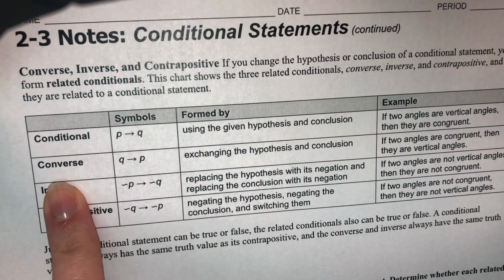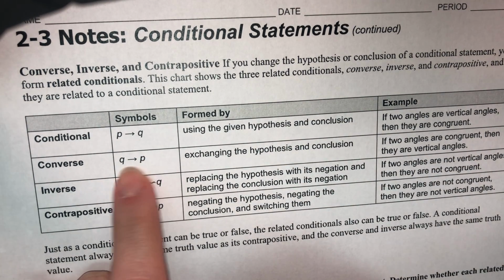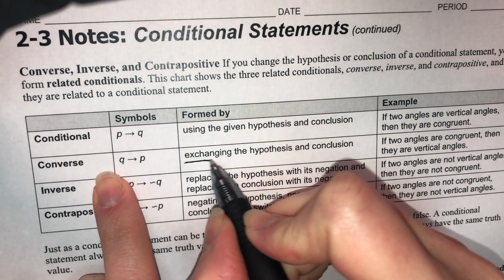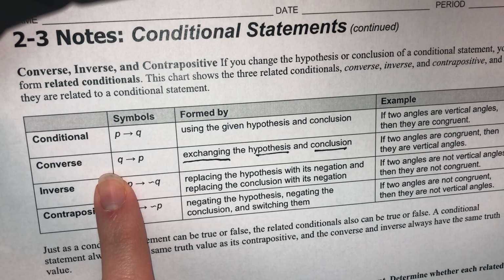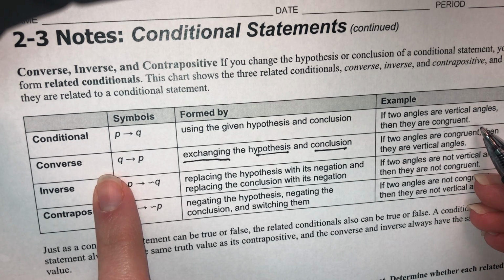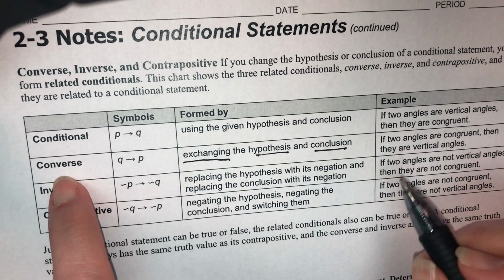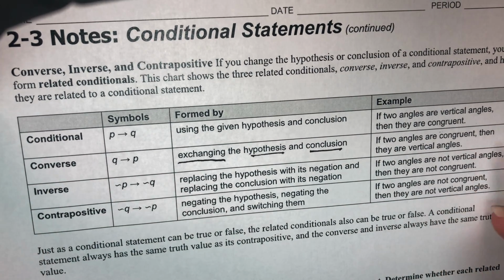The converse of the statement is where you reverse the hypothesis and the conclusion. Exchange the hypothesis and the conclusion. So the end becomes the beginning and the beginning becomes the end. The words if and then stay in the same place though. So if this was the conditional statement, if 2 angles are vertical angles, then they are congruent, the converse of that statement would be if 2 angles are congruent, then they are vertical angles.